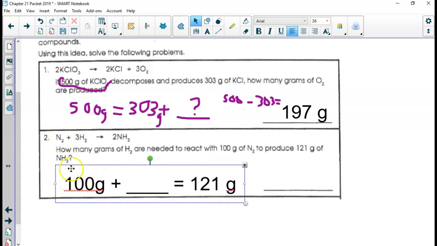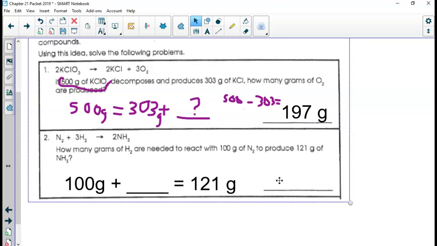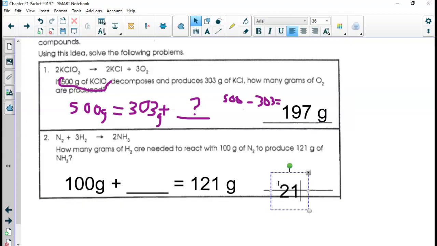So 100 grams of nitrogen plus an unknown amount of hydrogen has to equal a total of 121. So if I figure that out, 121 minus 100 would give me 21 grams.